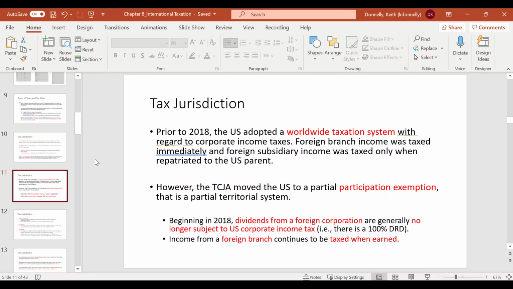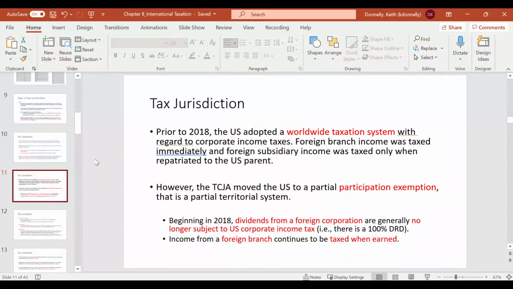Whereas in distinction, if you open up a foreign sub, we are going to only tax the income from that when you repatriate it back to the United States. So this whole setup, the old setup, really encouraged companies to create foreign subs, make money over there, and then just sit on the money, right? Because if they bring it back to the U.S., they repatriate it, in that case, they have to pay tax on it.